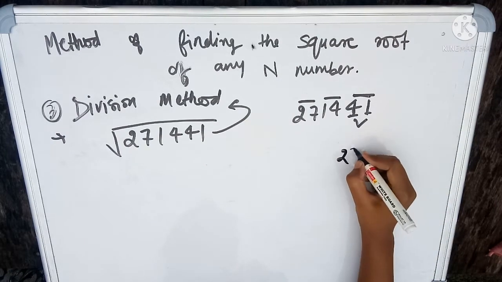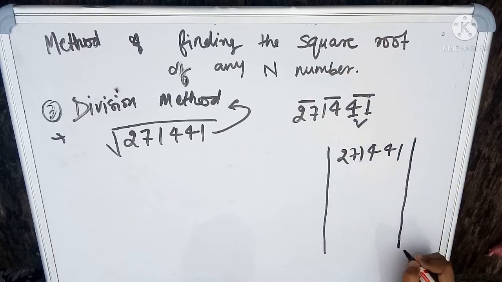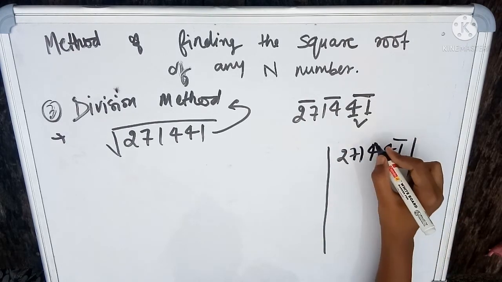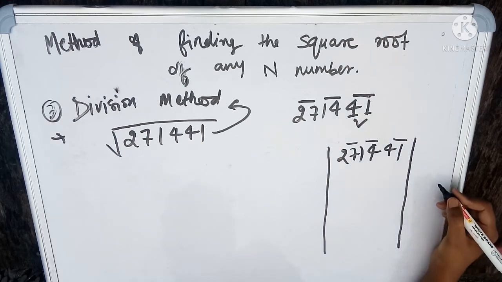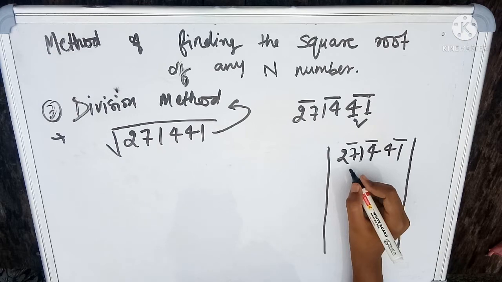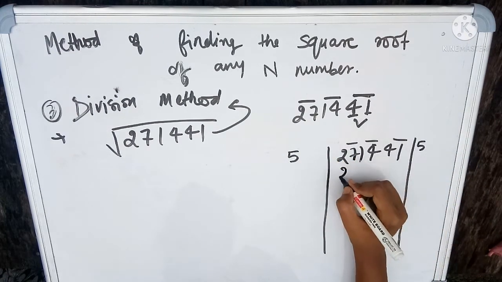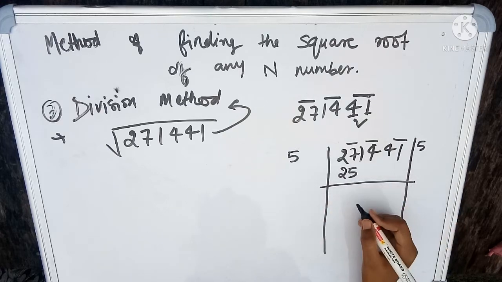The next step is, while dividing this number, we have to find the largest number whose square is less than or equal to 27. So here we have 5 as the number, 5 multiplied by 5 gives 25, which is less than 27.